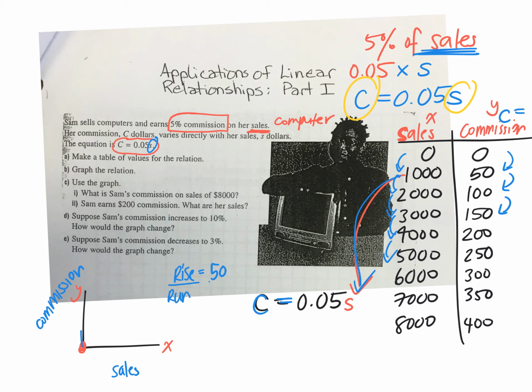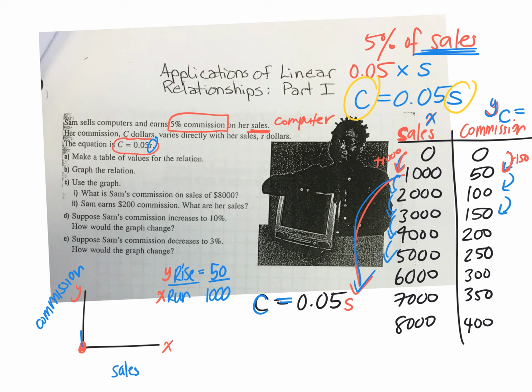What's the run? Over 1,000, right? Look at your Y and your X. Rise is always Y, run is always X. So look here, it goes up by 50, and this goes up by 1,000. So the rise is 50 and the run is 1,000. Divide that.